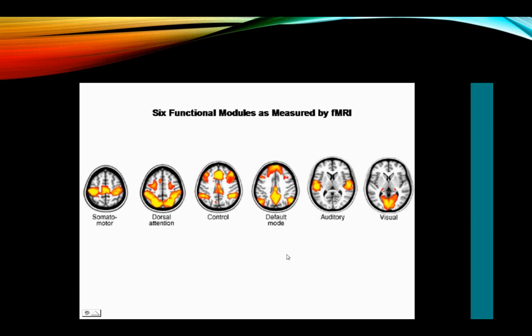And this little shot here gives you probably the most important modules to take into consideration, with the default mode network probably being the most important one. It also has the highest amount of connectivity and cellular bundles of any other network. So the default mode network is definitely one to take into consideration.